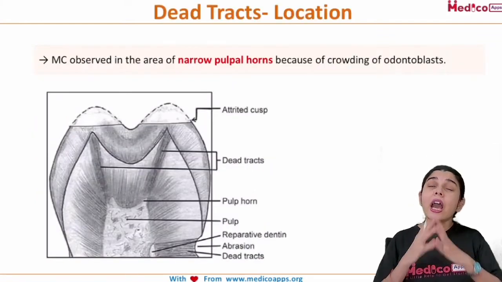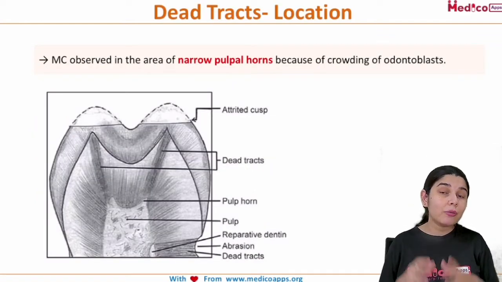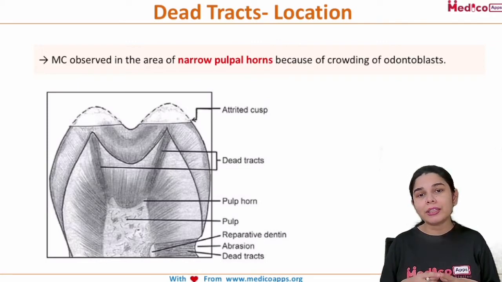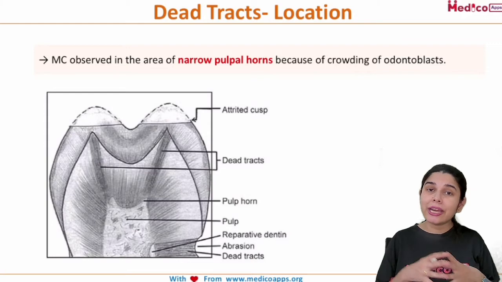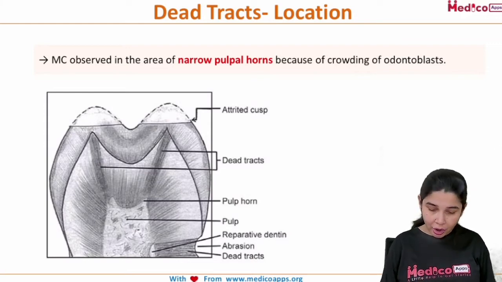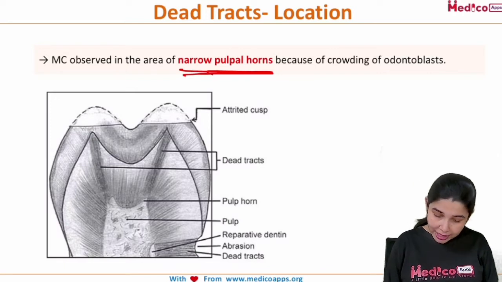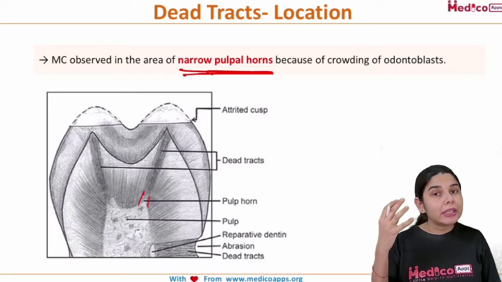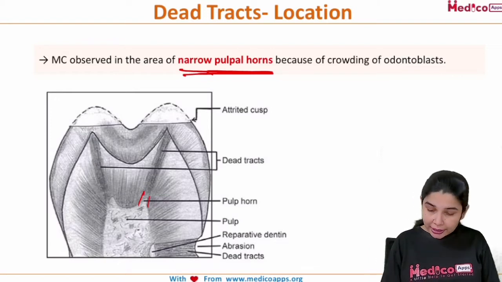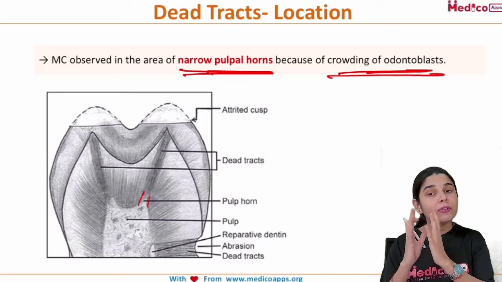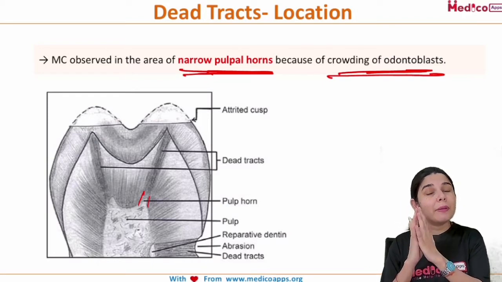And lastly, a very, very important point: what is the location? Where are these dead tracts most commonly seen? These dead tracts are most commonly seen along the narrow pulp horns. Now, why narrow pulp horns? Because as you can see, near these narrow pulp horns there is crowding of the odontoblasts, and that is why a lot of odontoblast processes will be dead there.